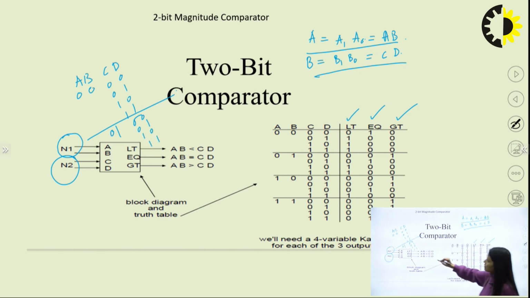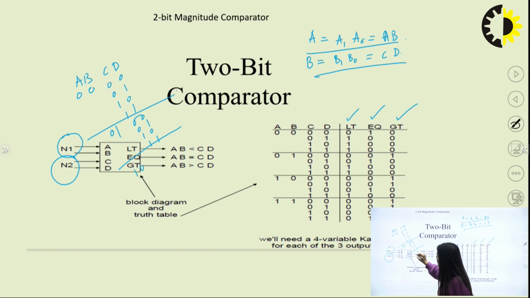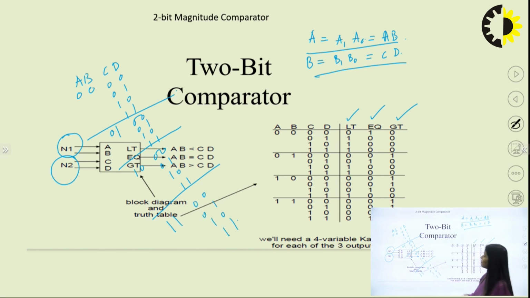For 1 0, I have again 0 0, 0 1, 1 0, 1 1. For 1 1, I have again 0 0, 0 1, 1 0 and 1 1. So I have 16 possibilities of writing my table: less than, equal to and greater than.